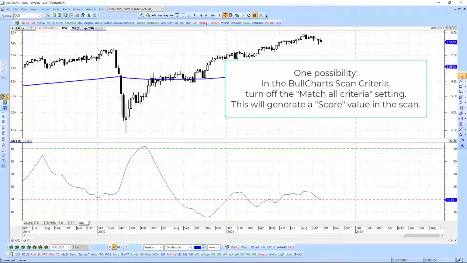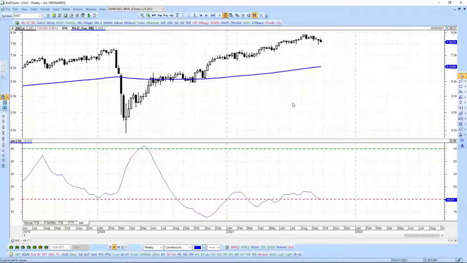I also took that scan, converted it to an indicator, and plotted it on a chart, and you can see over a period of time how what I call the technical indicator score either increased or decreased. So yes, you can do it.